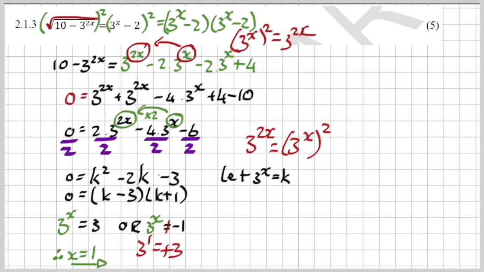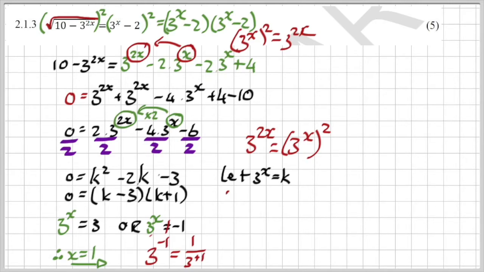While if I go and say 3 to the negative 1, well, that's 1 over 3 to the positive 1. So no matter what values I substitute for x into that left-hand side, into 3 to the x, my answer is never going to be smaller than 0.